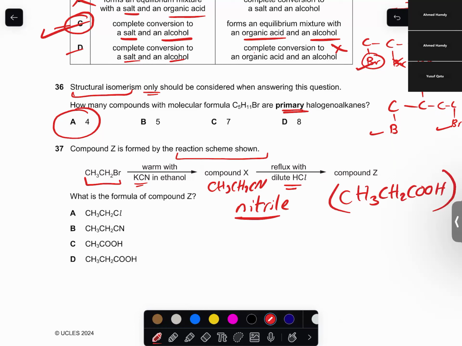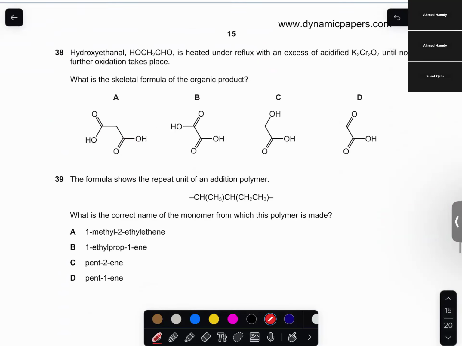And in the presence of a reducing agent, if we reduce the nitrile, it gives CH3CH2CH2NH2. It gives an amine. So the answer is D.